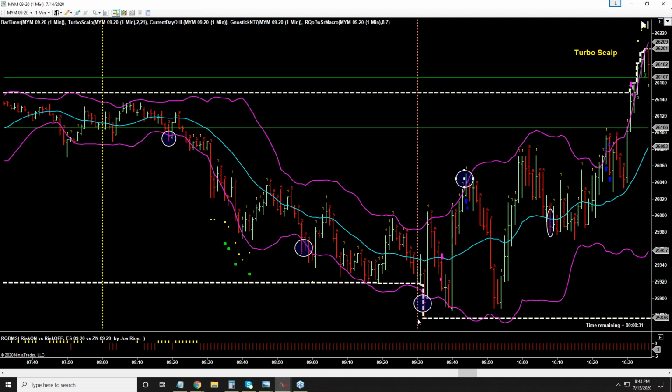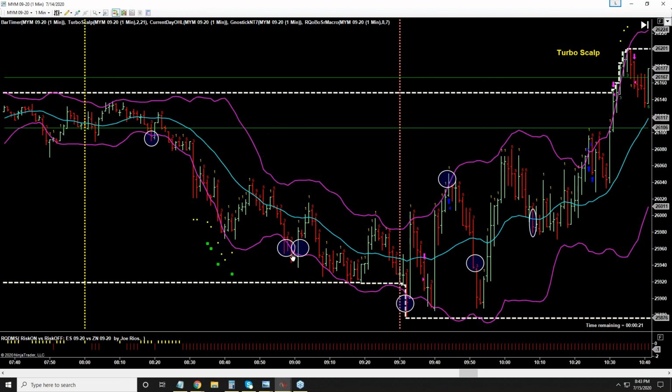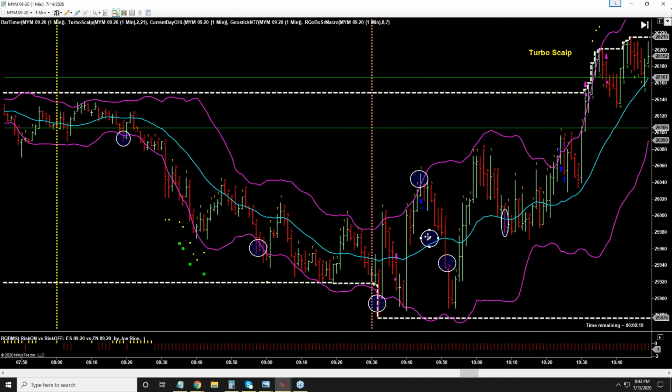One here, that's a counter. This is one using the SMA. And here's one here that I actually took.